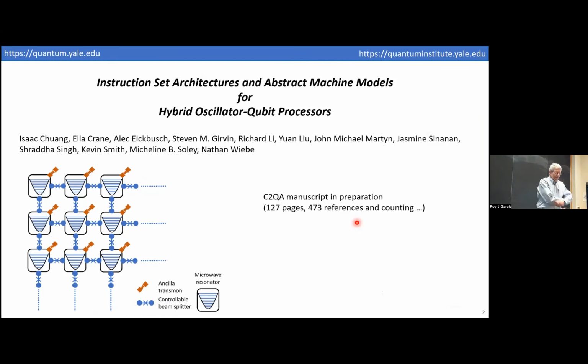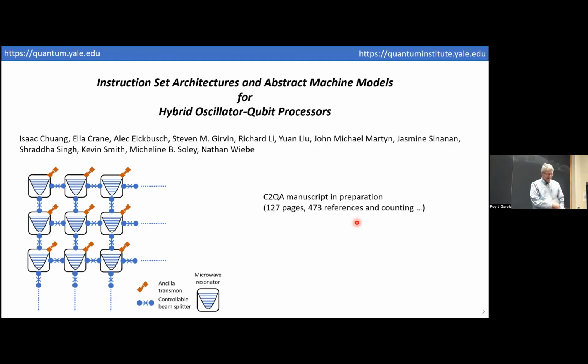What I'm going to tell you about is based on a massive work in progress manuscript that I'm doing with many other people in the Co-Design Center for Quantum Advantage. I'm hoping that it will be posted sometime in the near future, but with this many authors and this length, it's taking longer than I would like.